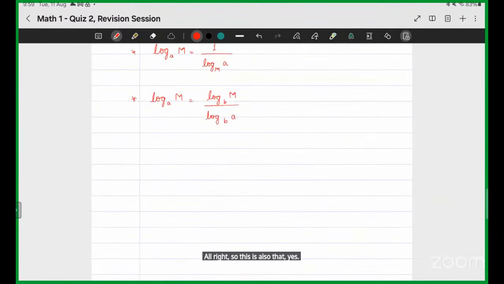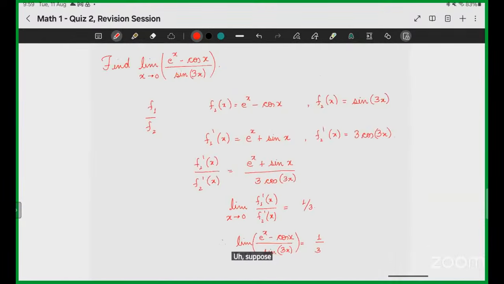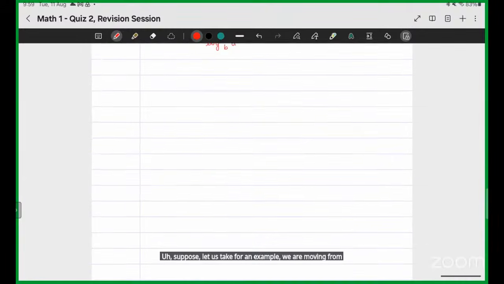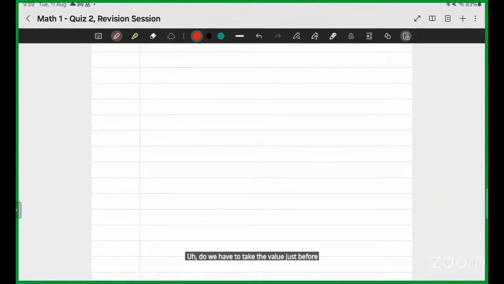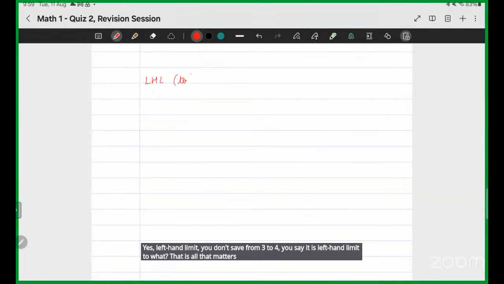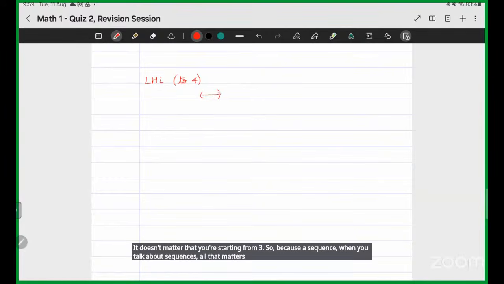Sir, while we are finding limits, suppose we want to find the left-hand limit, and let us take for example that we are moving from point 3 to point 4. Do we have to take the value just before 4? So that is the left-hand limit. Yes, for the left-hand limit, you don't say from 3 to 4. You say it is the left-hand limit to what? Limit to some real number. It doesn't matter that you're starting from 3. When you talk about sequences, all that matters is what happens towards the end.